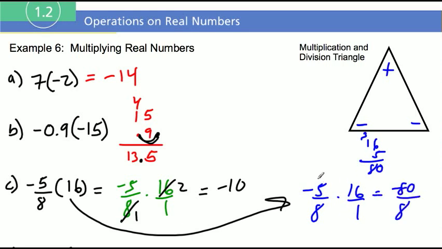How did I get that? Negative 5 times 16 is negative 80, and 8 times 1 is 8. Now how many times does 8 go into negative 80? It goes in negative 10 times, which we got right here. But you have to do bigger multiplications. So if you can divide something by the top and bottom, go ahead and do that. You're actually simplifying first.